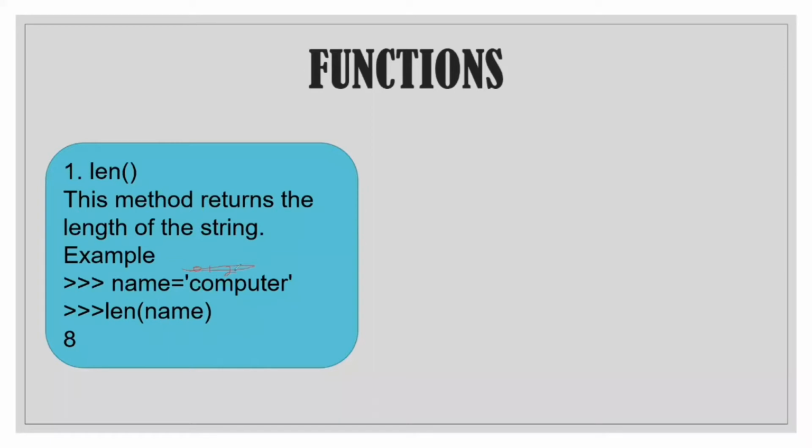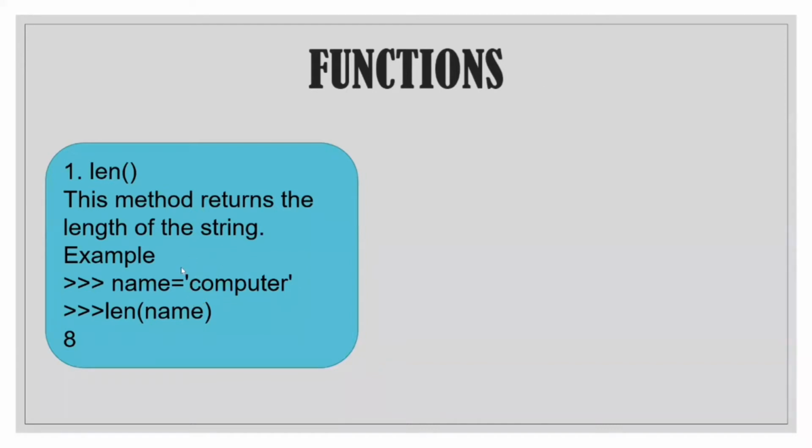But if we talk about counting the length, then we take it as 1, 2. We are counting the number of characters present in the string. This is a 3. So 1, 2, 3, 4, 5, 6, 7, 8. So the length is 8.